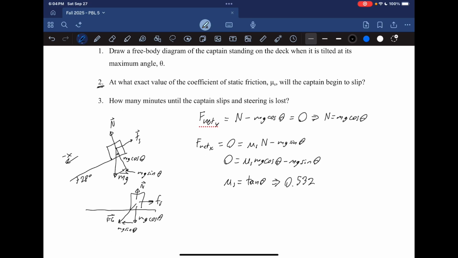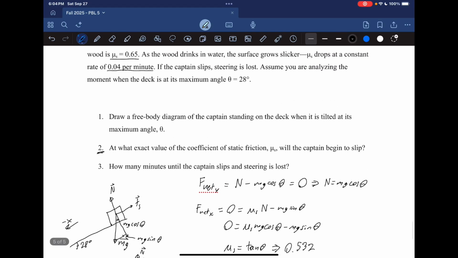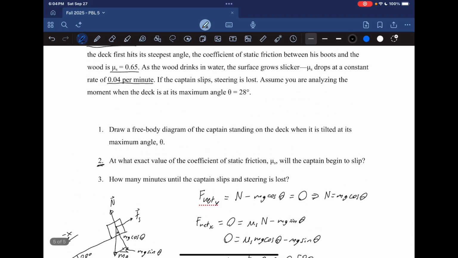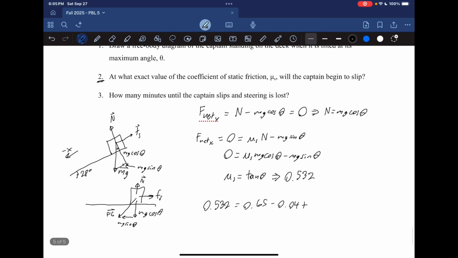So we can model this by saying 0.532 is equal to our initial, which is 0.65, minus 0.04 times some time. And this will be in minutes, since it's dropping at a constant rate of 0.04 per minute. This will calculate the point at which we reach 0.532.